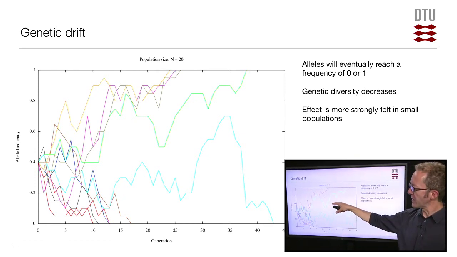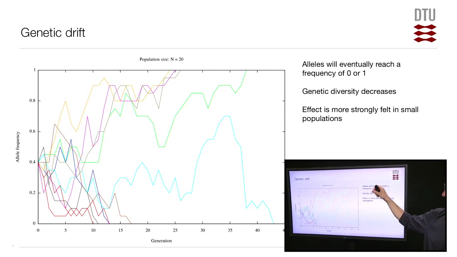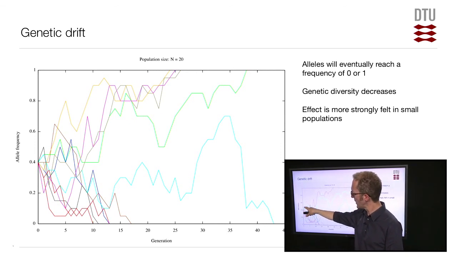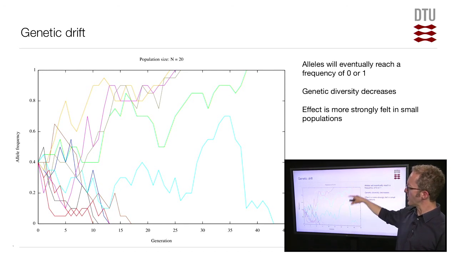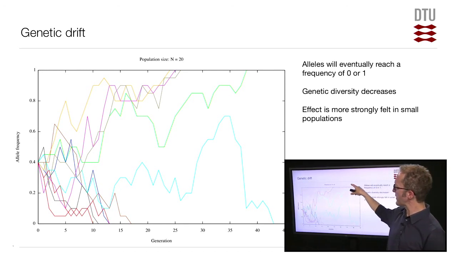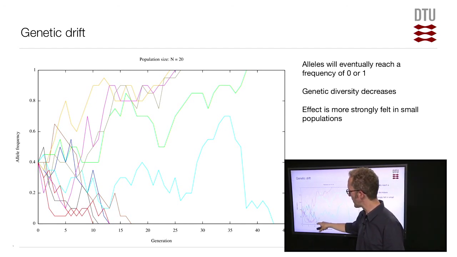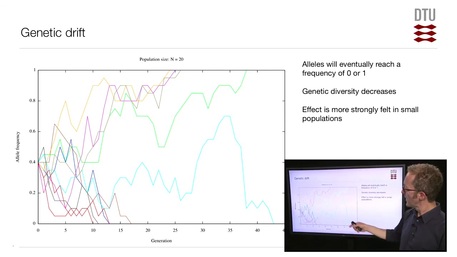This means that the different alleles will fluctuate up and down randomly. What you can see from the simulation is that these populations of one of the alleles will fluctuate up and down randomly until at some point it will run into one of the edges of the plot. Either that allele will be fixed, it'll be the only allele left, or it will go extinct, it will disappear, and the other allele will be the only one left.